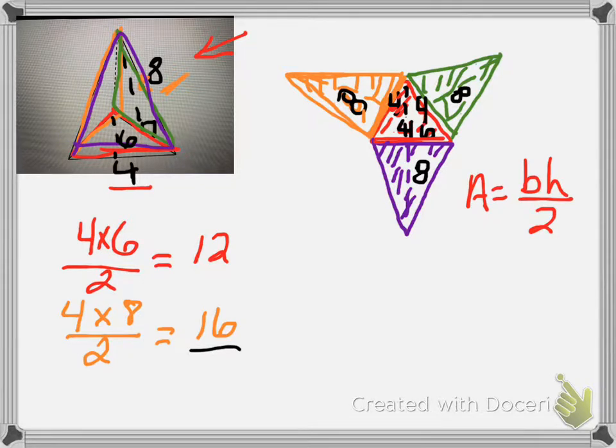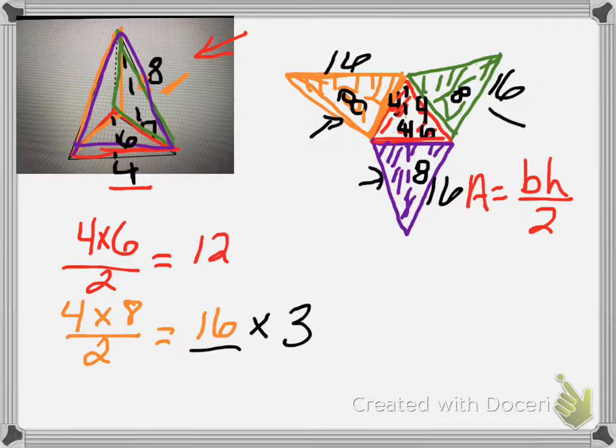So we can add 16 plus 16 plus 16, or we can just multiply by 3. Since there's 3 face triangles on our triangular pyramid, we can take the area of each of those triangles, which is 16, and multiply that by 3. Let me get my calculator out so I don't make a mistake. 16 times 3 is 48.